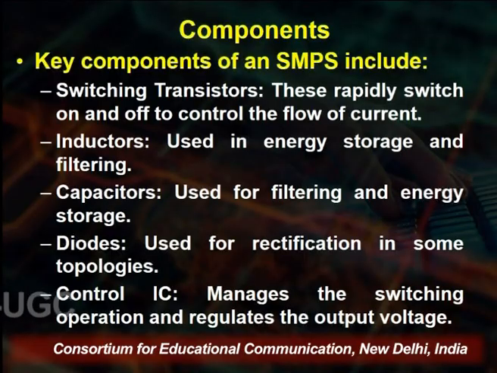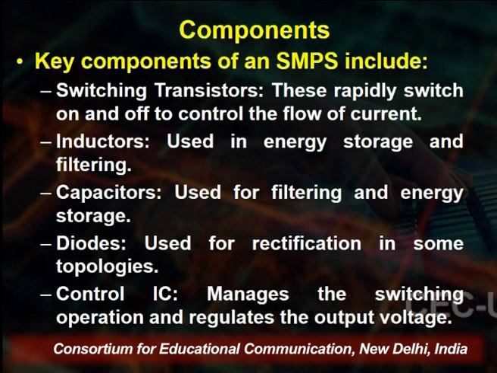Switching operation is the core principle of SMPS, involving the high frequency switching of the electronic components to control the voltage or the current output. The switching operation allows SMPS to step up and step down, boost and buck, or invert the input voltage as needed. Other components we use for the SMPS are switching transistors that rapidly switch on and off to control the flow of current.